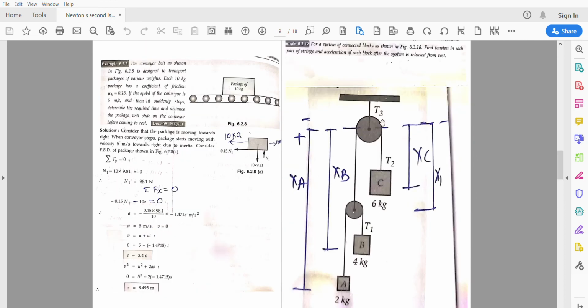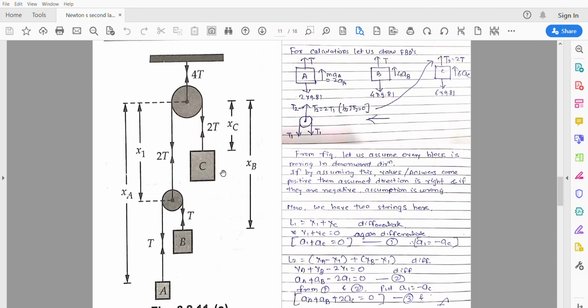First step, consider the datum. In the direction of the string parts, consider positive. In the case of variables, mark xc, xb, xa variables, and in case of constants you can use x1, x0, that kind of notation. So just look at the figure.